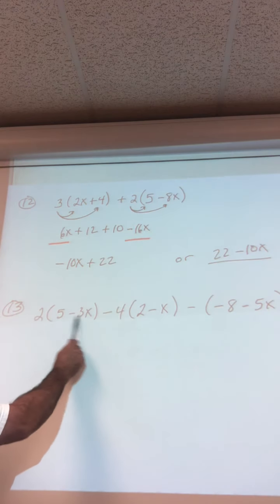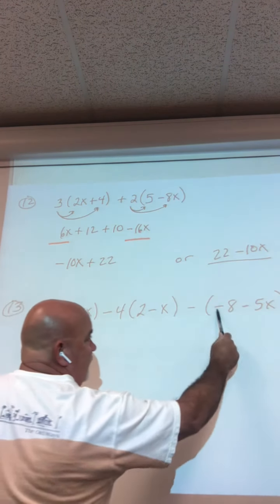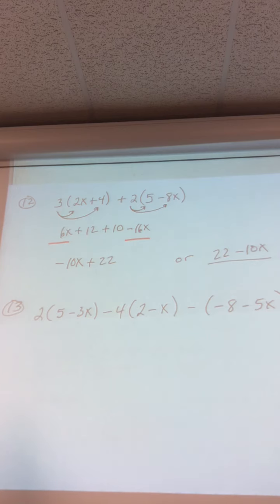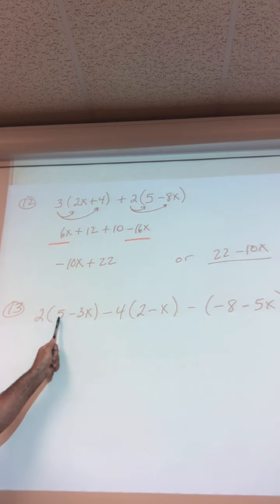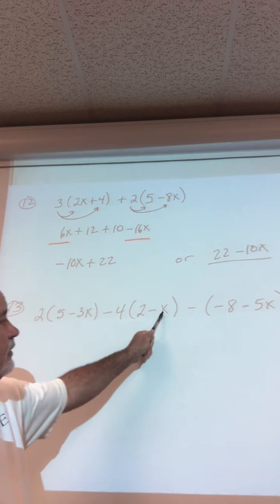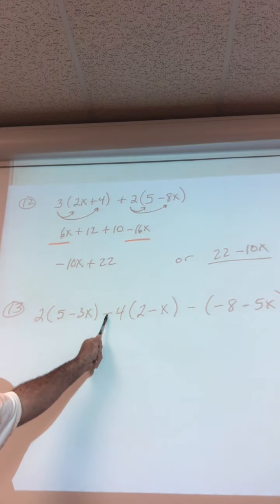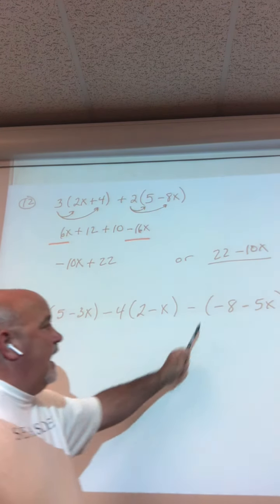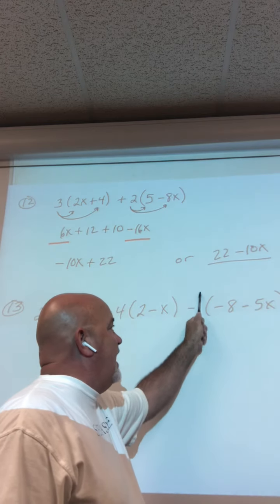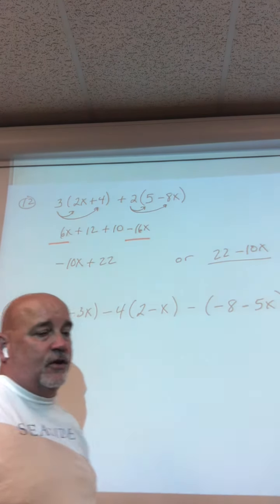You can't do anything in here, you can't do anything in here, you can't do anything in here. But what I can do is multiply what's in here by what's in front. So I will multiply both of these terms by 2, and both of these terms by 4. But remember, it's negative. And I'll multiply these 2 terms by a negative 1 times both of these terms.